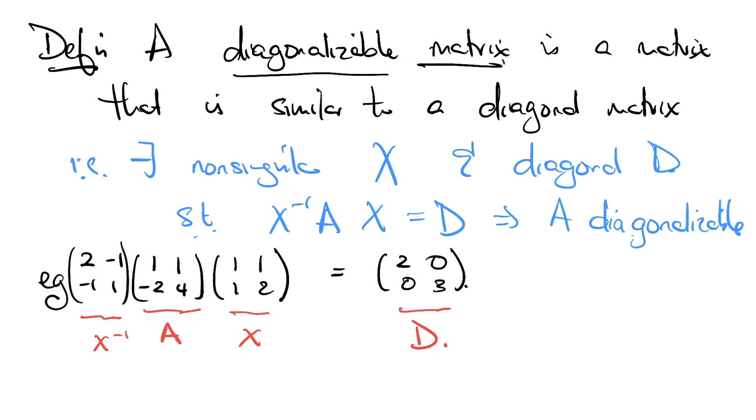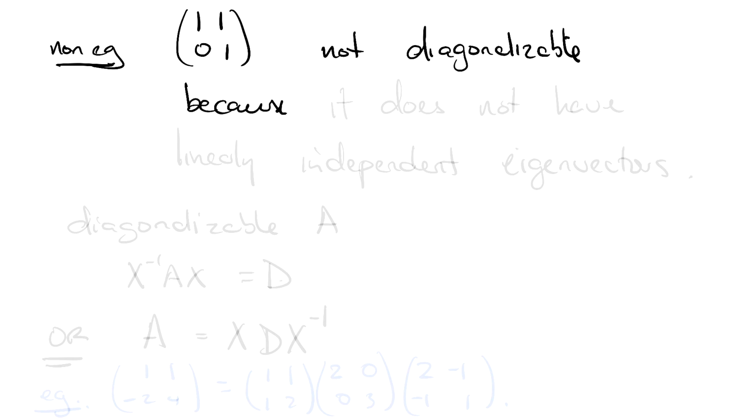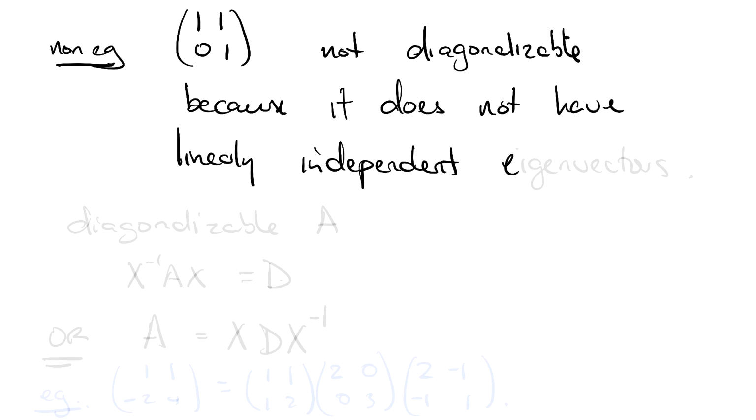Let's do a non-example. [1, 1; 0, 1]. It's not diagonalizable because it does not have linearly independent eigenvectors. We've explored this in another video.